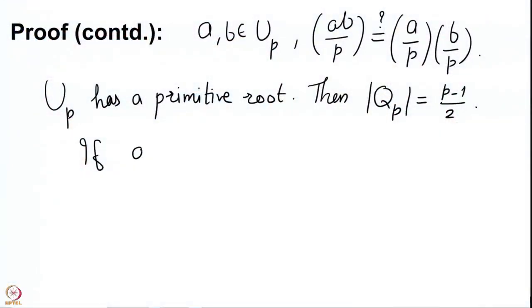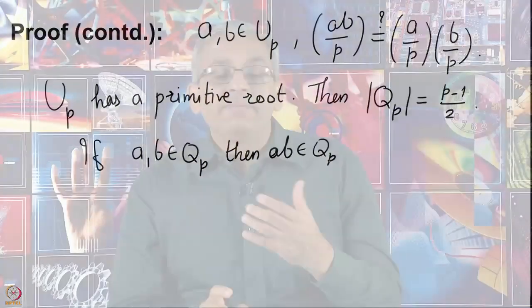The subgroup consisting of all squares has cardinality (p-1)/2, exactly half the elements are squares. So, clearly if A, B belong to Q_p, then the product AB is also in Q_p because it is a subgroup. Remember, I had said that this fact is going to play an important role.